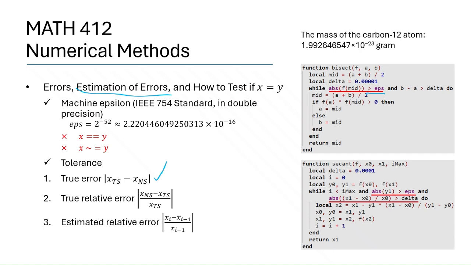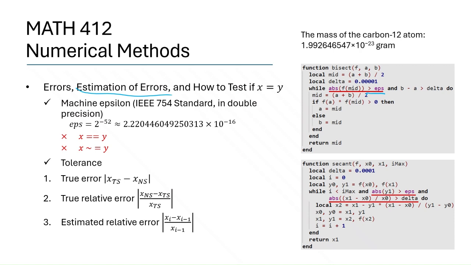So you take the absolute value of the difference. Is that a good measurement? Of course, if we already know the true exact solution, what's the point? In many cases, we need to find an approximation. If we already have the exact one, we normally don't need an approximation. So the case is, we want an approximation because we don't know that value. That's most of the cases.